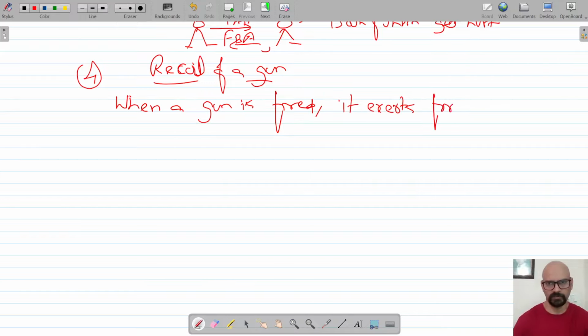It exerts force on the bullet in the forward direction, so the bullet also exerts an equal and opposite force in the backward direction.